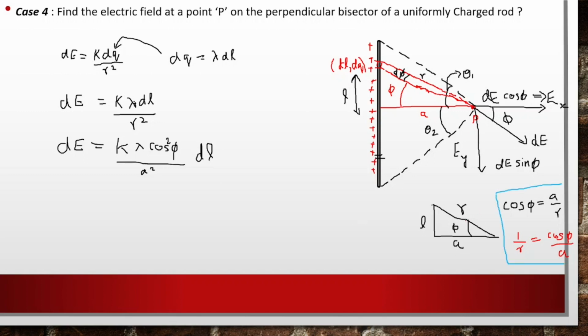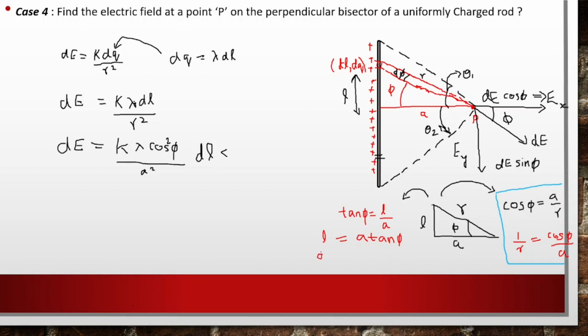For this, let's again consider this triangle. From this triangle, tan phi is equal to opposite side by adjacent side. Opposite side is l by a. So we get l is equal to a tan phi. Now we are differentiating this equation in terms of phi.